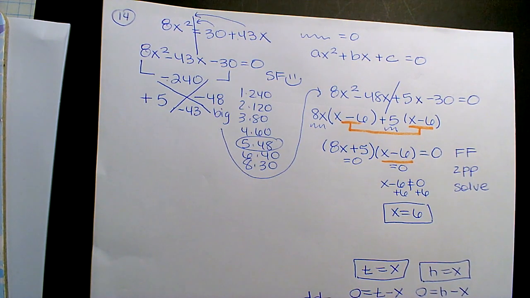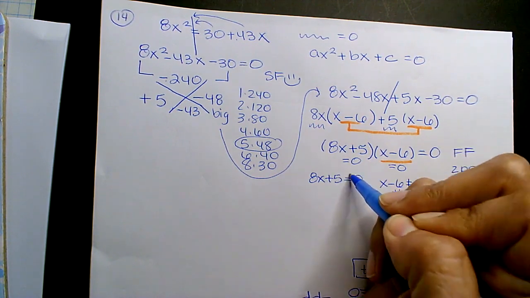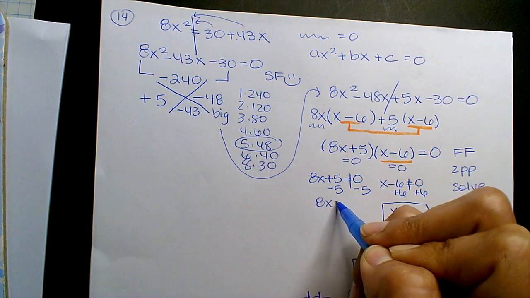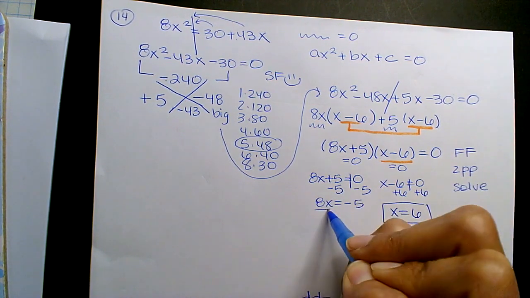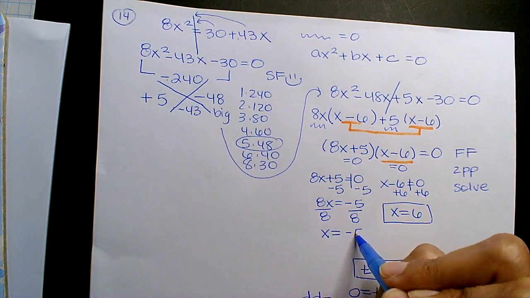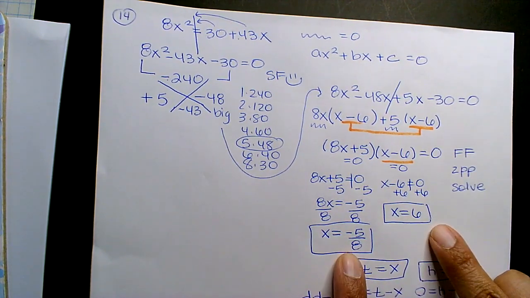Which is okay, right? When we start graphing, we'll change it to a decimal, but here we'll leave it as a fraction. Okay, 8x plus 5 equals 0, so you're going to subtract 5, and I get 8x is equal to negative 5, and then you're going to divide by 8, and so you get x equals negative 5 over 8. And so these two are your solutions.